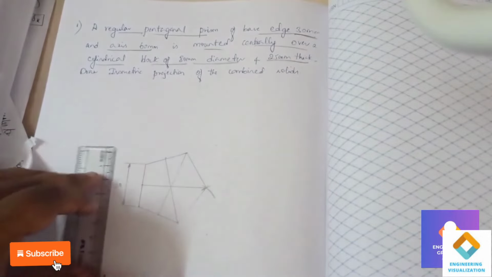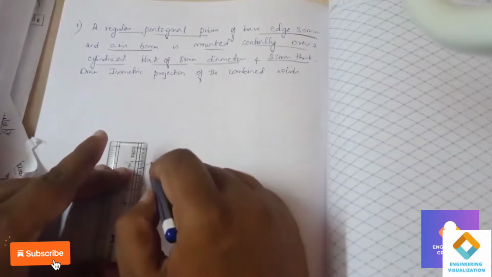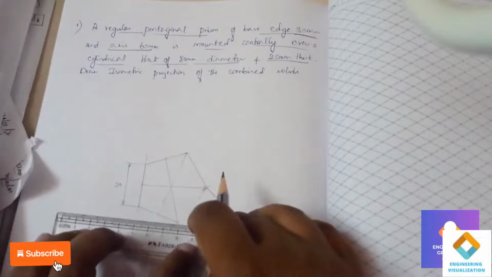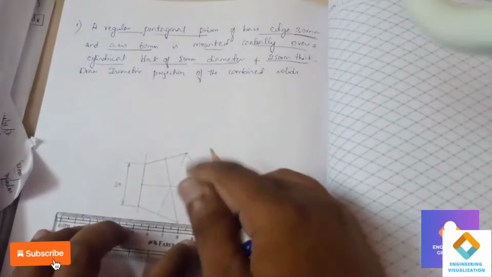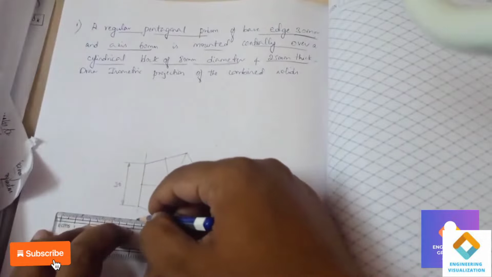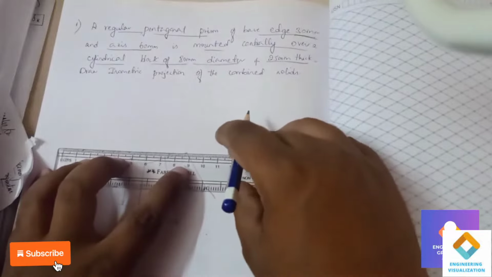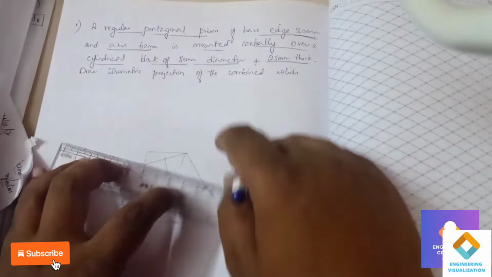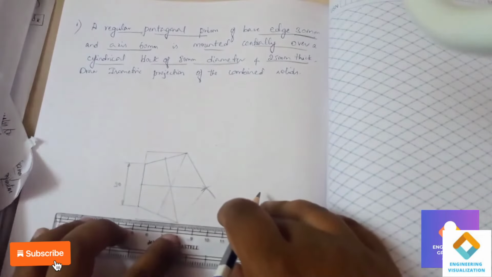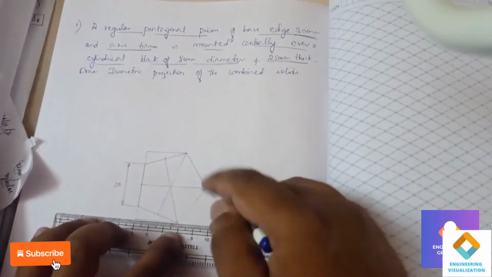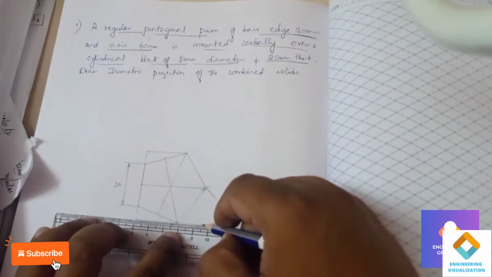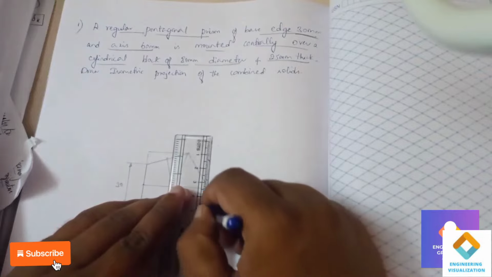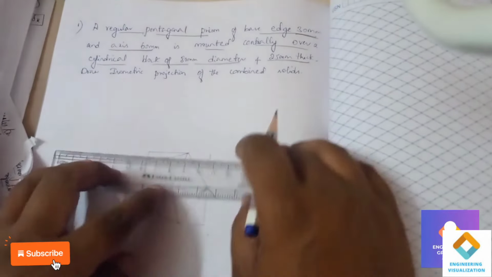Now we should construct a box for this, because we will be constructing using the box method in the isometric. That's why we need to construct the box around the extremities of this pentagon. We will be drawing horizontal and vertical lines, so that we get a rectangular box for this pentagon.